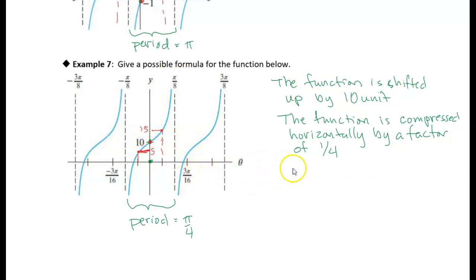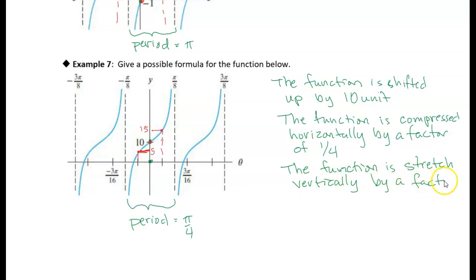So it looks like the function, let me switch back to green, is stretched vertically by a factor of about 5.